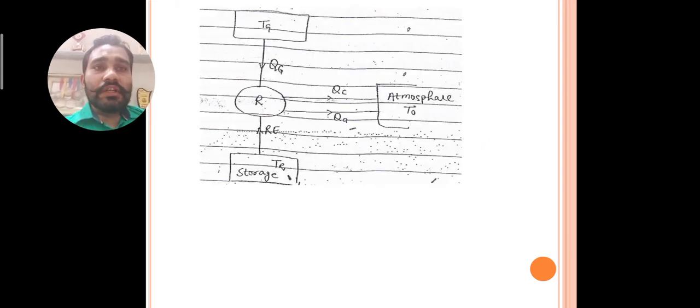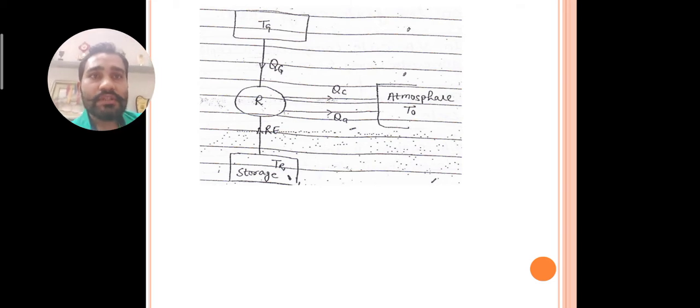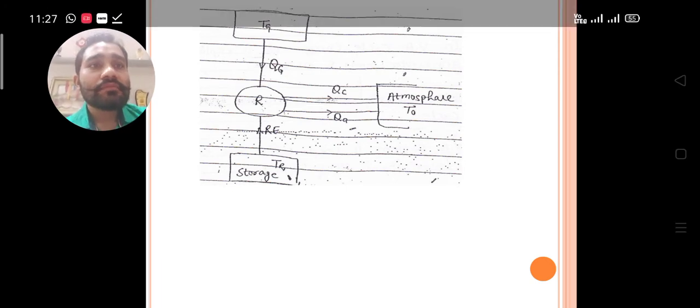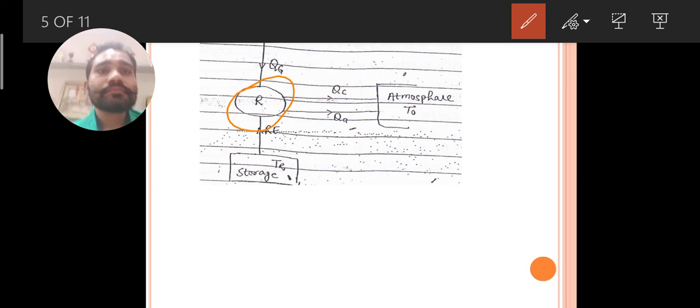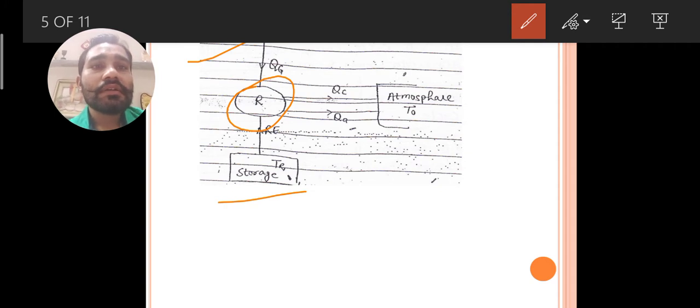So this is a figure in which we are showing this vapor absorption system as a thermodynamic system. Here there is a refrigerator which is working between two temperature limits, and Qg is the amount of heat supplied at the generator.